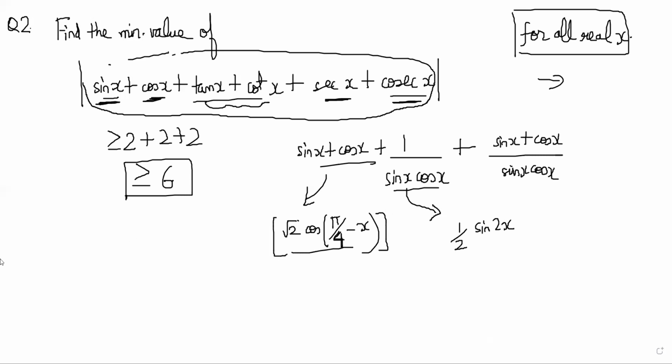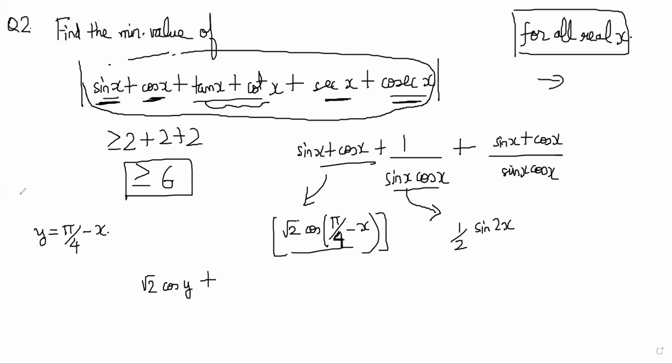Now maybe take another angle y equal to pi by 4 minus x to make it a little simpler. I don't want to keep writing this. So this thing becomes root 2 cos y plus 1 by half sine 2x.